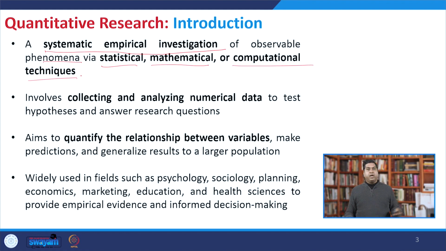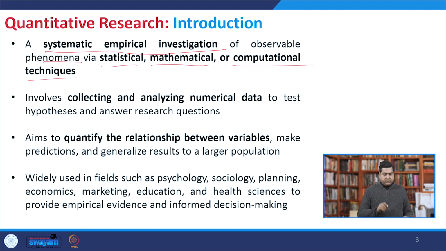When we talk about information, empirical data, and we analyze that data to come out with some relationship among the variables, or make certain predictions out of the existing data, then we go for this quantitative research approach.